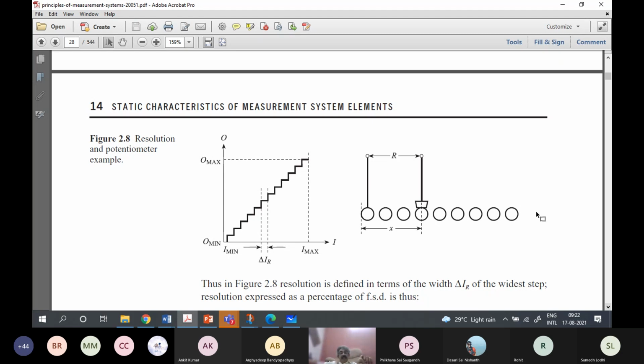So what does it mean by that? It means that the principle of measurement of position is by electromagnetic induction, the transformer principle. So theoretically speaking, an infinitely small change in the position of the magnetic core in the LVDT is supposed to make an output change. Now there may be noise, and that output change may not be discernible in practice.